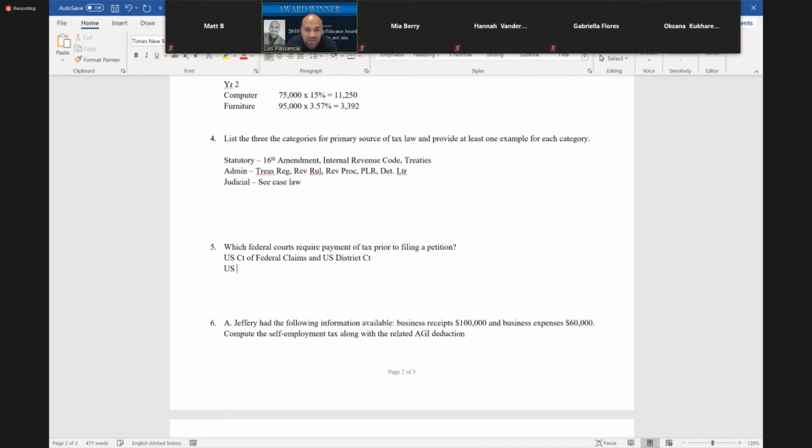Again, U.S. Tax Court does not require payment, but requires petitioning within 90 days of a deficiency notice. I think everybody mostly got this one.